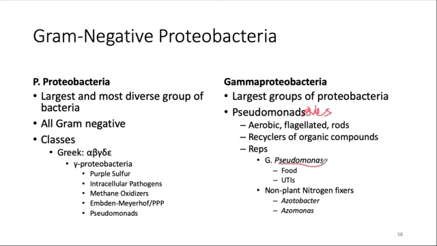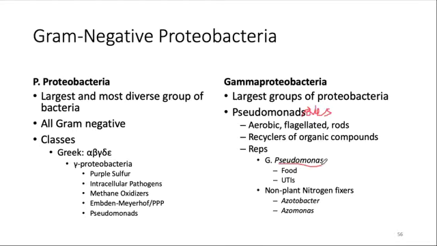Example being Pseudomonas aeruginosa, which is very difficult to treat in hospital settings and easily transmitted to people who are immunocompromised. Then among this group, you have Azotobacter and Pseudomonas, which are also important members of this group.